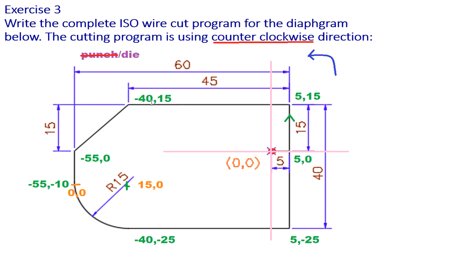Minus 40, 5, Y15. Minus 55, 0. Minus 55, minus 10, and then minus 40, minus 25. X5, Y minus 25. So the center of this radius is using this 0, 0, so X15, Y0.